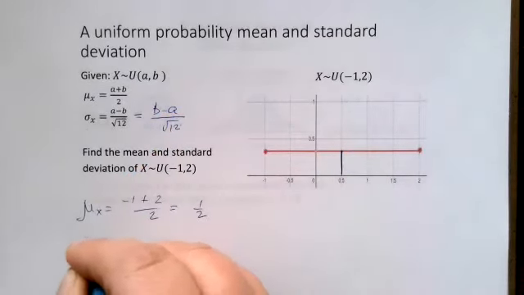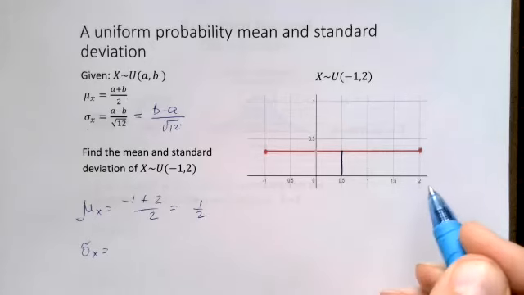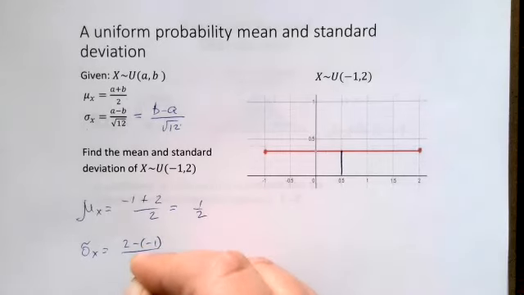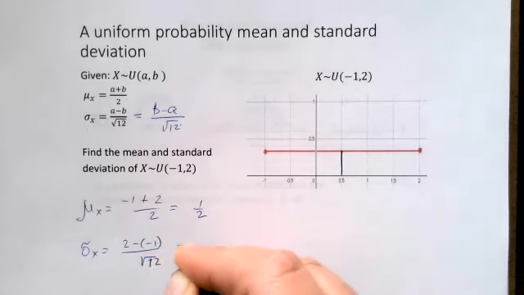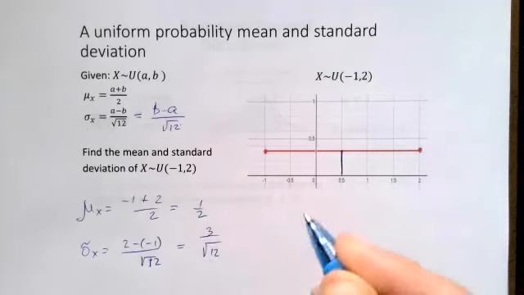So let's take a look at what we're going to get. B is 2 minus a -1, divided by the root of 12. So I have 3 divided by root of 12.